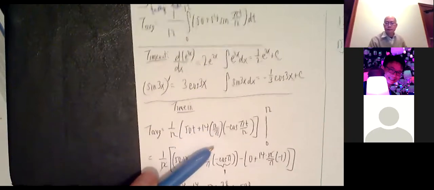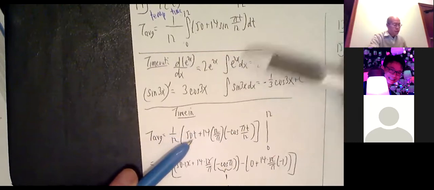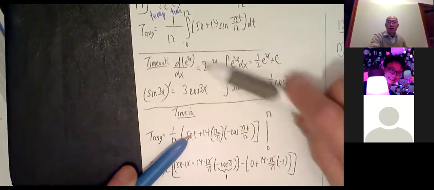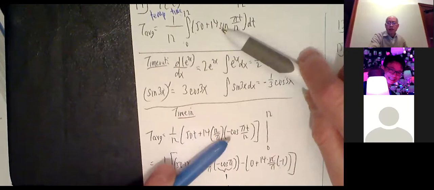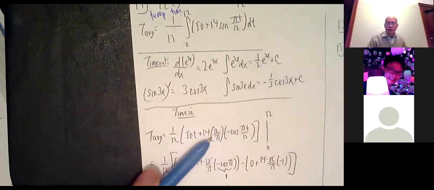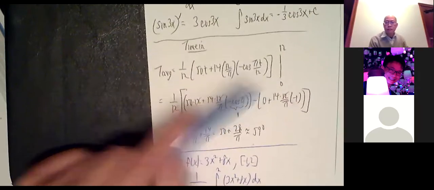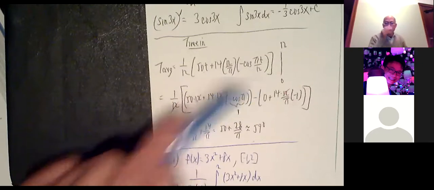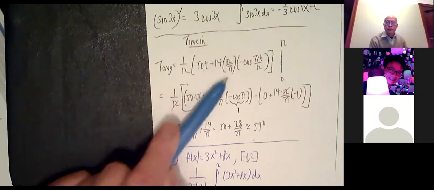And there it is. So 50t, right here. There's the 14. The integral of sine is negative cosine, so negative cosine pi over 12t times 12 over pi, and I'm integrating from 0 to 12. This looks a little bit complicated, but I plugged in 12 here, 50 times 12.